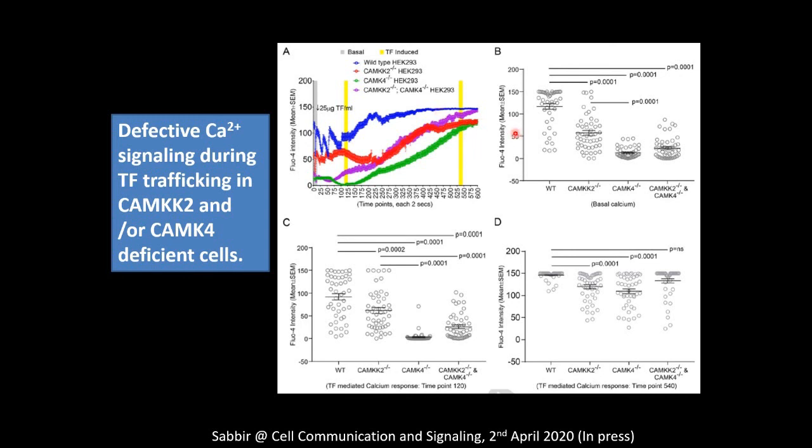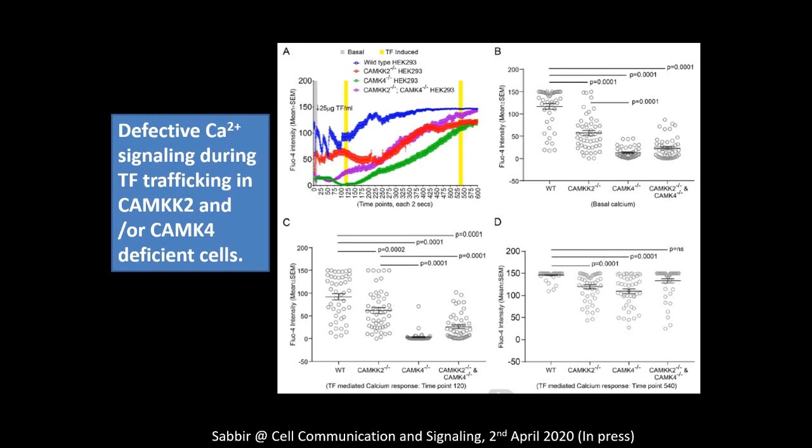It is interesting to note that following transferrin treatment, there is a sustained and steady increase of calcium, which was maintained for a prolonged period of time. But under CAMKK2, CAMK4, and double knockout conditions, this response was delayed, and the intracellular free calcium level was significantly lower at different time points.